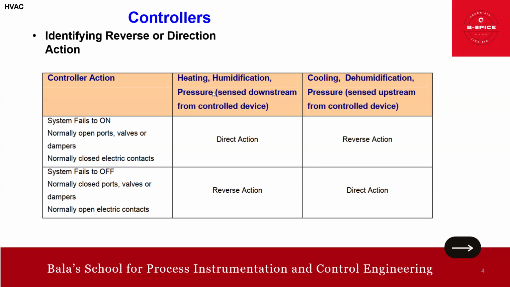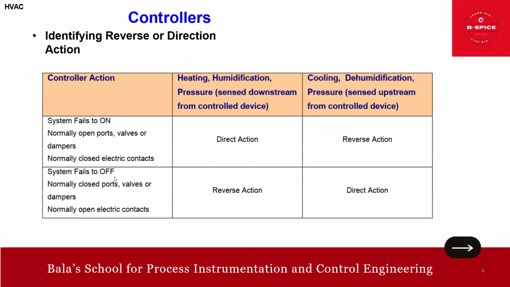And for pressure, select whether the sensor is downstream or upstream. Once this is done, the second step is to determine how the application fails. For example, does the heat fail to full on or full off? We have taken heat, so the system fails to on or the system fails to off.